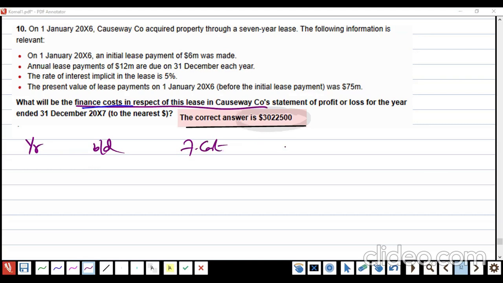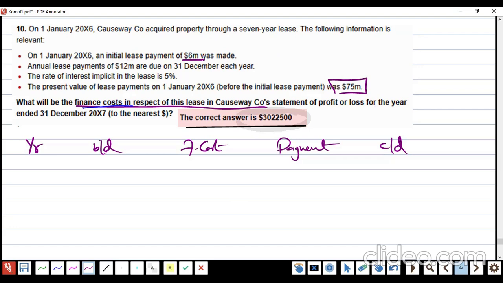Tell me how you did it. So the initial lease liability is 75 million minus 6 million. Why minus 6 million? Because the initial lease payment was made in advance. Yes, very good.